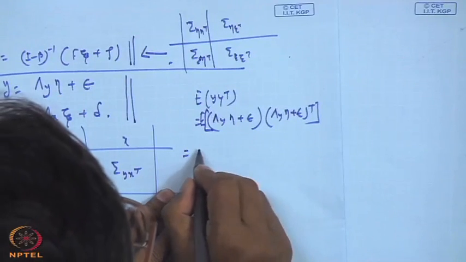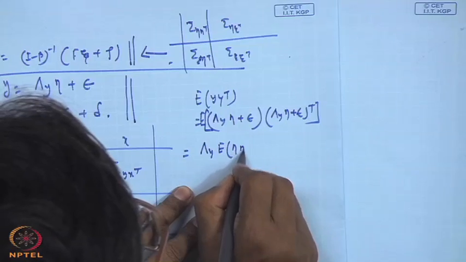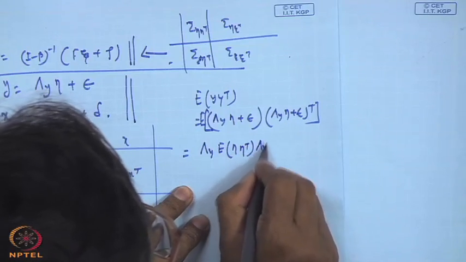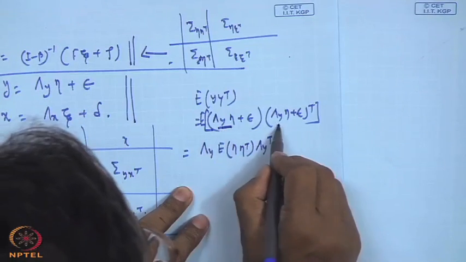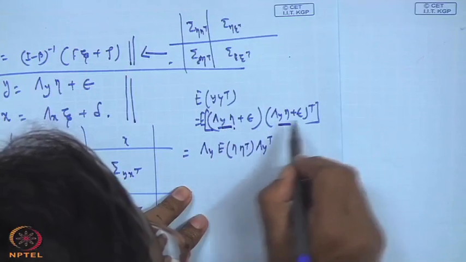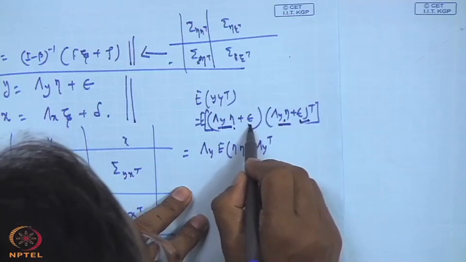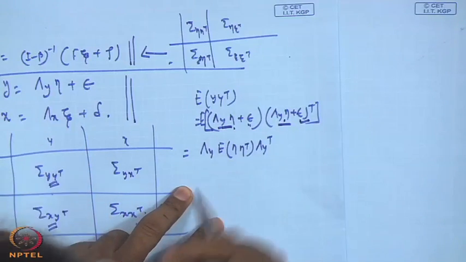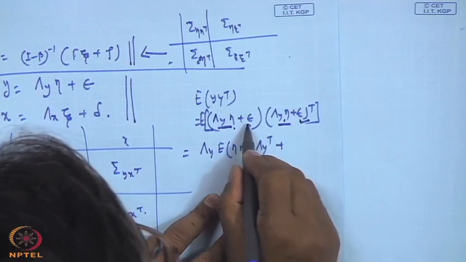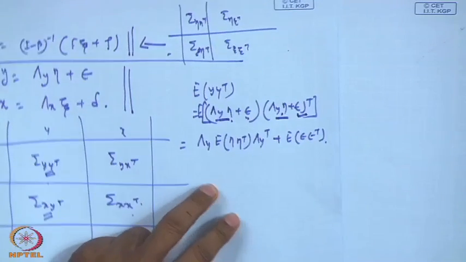So, you see what will happen ultimately: lambda y expected value of eta eta transpose lambda y transpose will come from here. Now, from the assumption point of view, eta and epsilon are uncorrelated, so those two expected values will be 0, plus you will get the expected value of epsilon epsilon transpose.